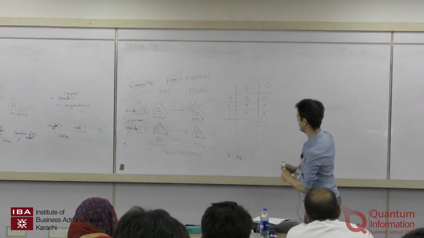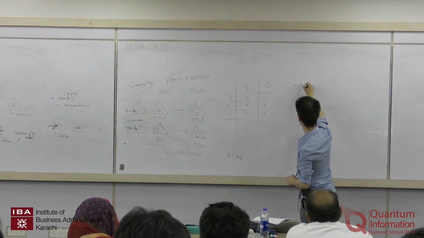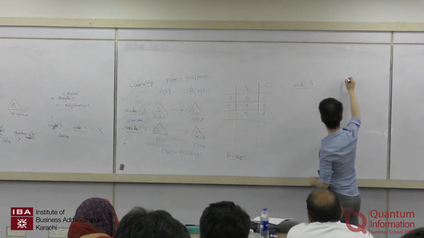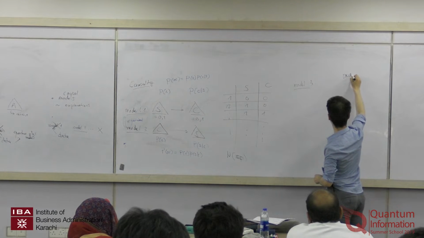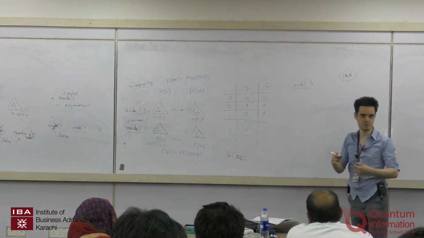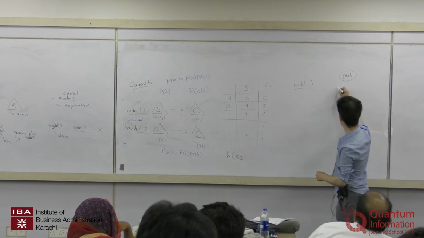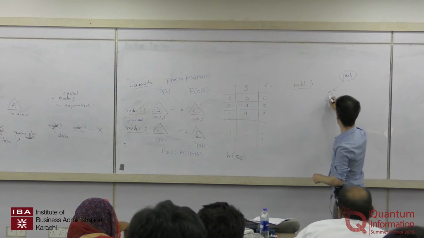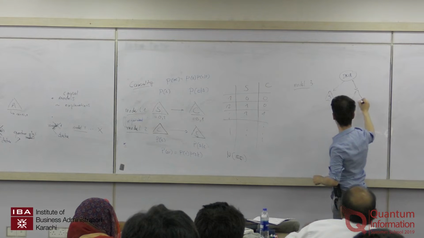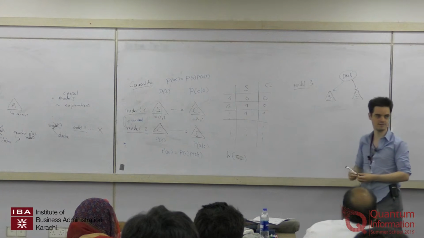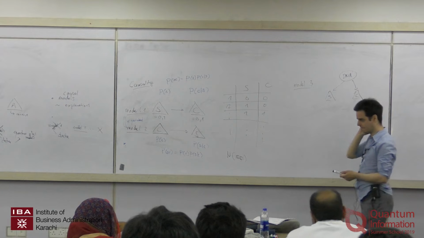Two additional models that we can use. Model 3 would be there is maybe something in the DNA that we don't know what it is, that will cause people to actually like smoking a lot and will increase their risk of getting cancer.